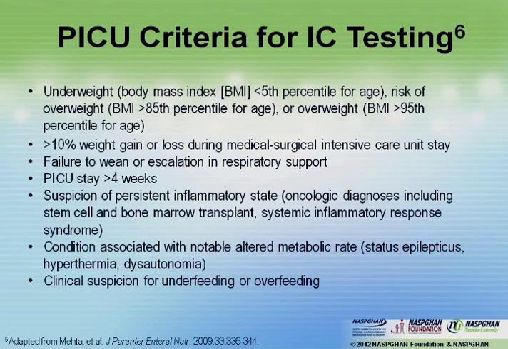They recommended patients who were underweight, at risk of being overweight, or who were overweight, patients who had greater than 10% weight gain or loss during their hospital stay, if you were unable to wean or you were having an escalation of respiratory support, prolonged PICU stays, suspicion of persistent inflammatory state, such as bone marrow transplant, oncology, continued sepsis, and conditions also associated with other altered metabolic rates, or if you have any clinical suspicion for underfeeding or overfeeding.